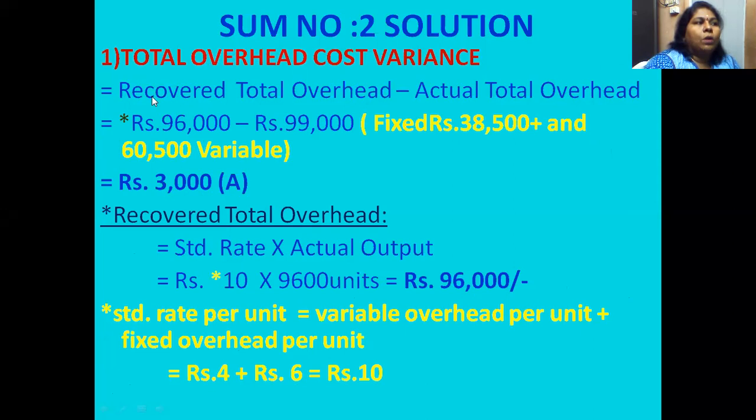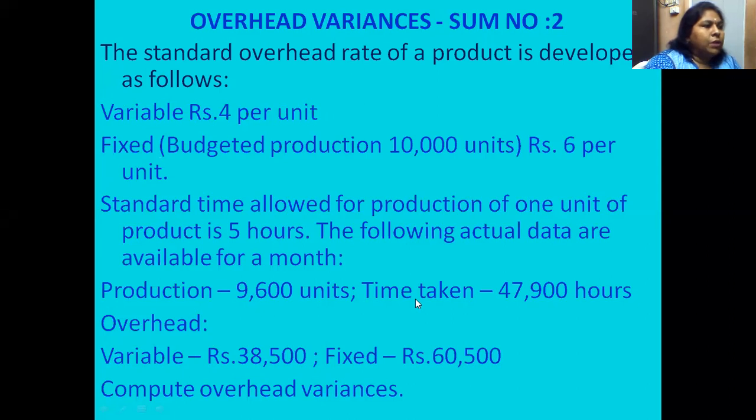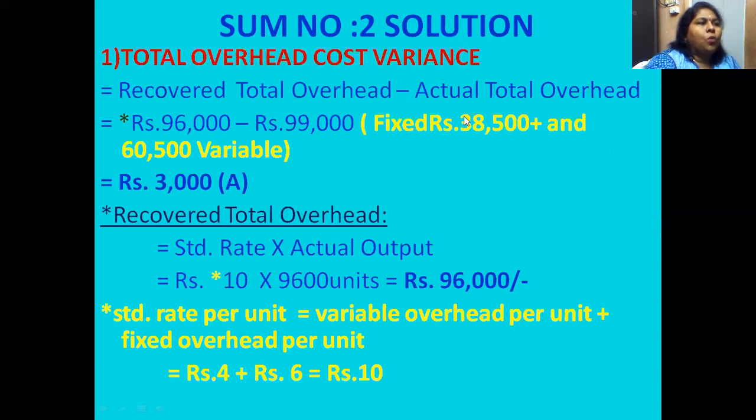So the recovered total overhead is 96,000 minus actual total overhead, which is a combination of fixed and variable, split in the problem. Look at the problem: the total actual overhead is not given directly. Instead of that, we have two kinds, variable as well as fixed. So combine these amounts to calculate the actual total overheads.